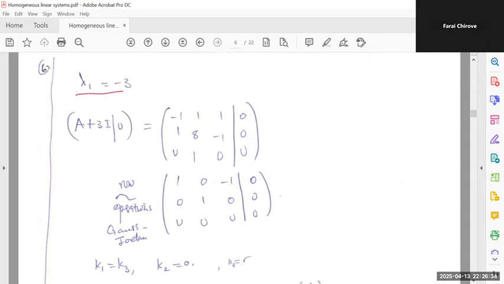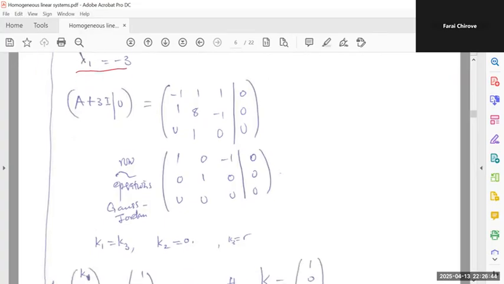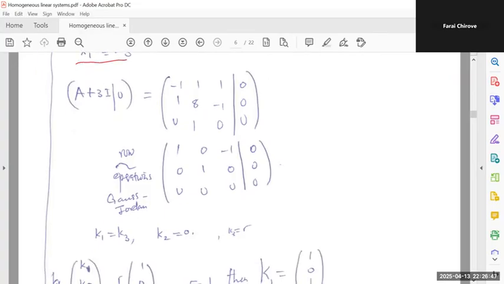So you now go through the same process. Associated with each eigenvalue, you're going to solve for an eigenvector. So do the row operations here and see to it. So what are the row operations? Here it says row 1 goes to minus row 1, just to have a leading entry, which is 1.